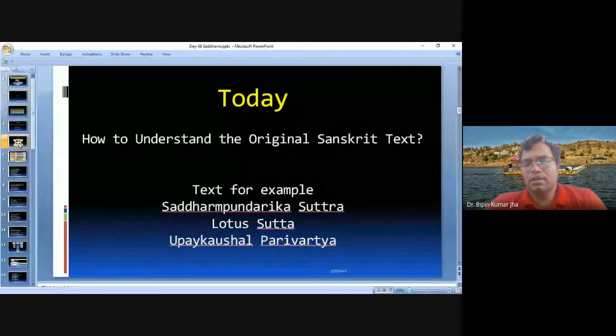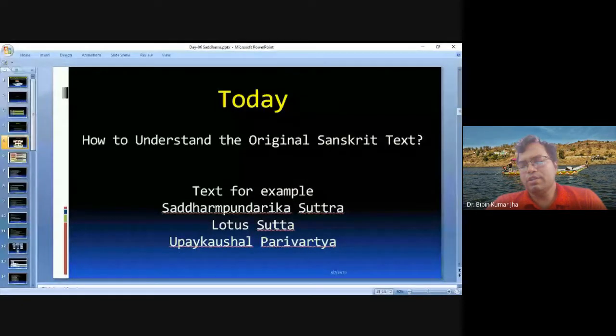Like the lotus, you are not affected by any demerits, either lust, krodh, angerness, and all these things.